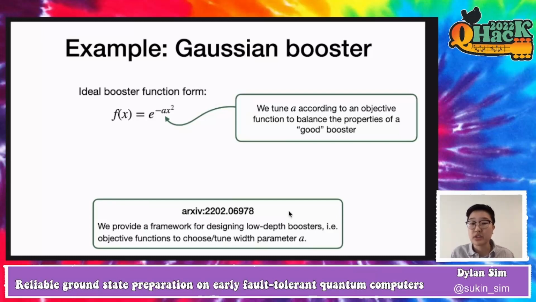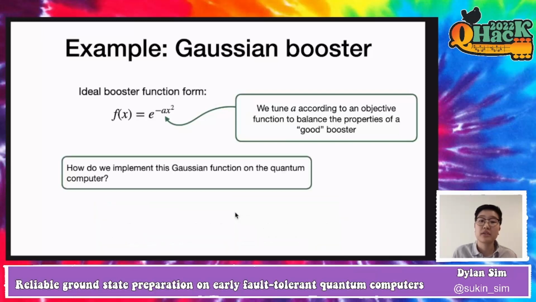For more information, I encourage you to check out our recent arXiv paper. The number is here, where we provide a more general framework for designing low depth boosters. But going back to the Gaussian booster, the question is, how do you go from this ideal booster function form and implement it on the quantum computer?